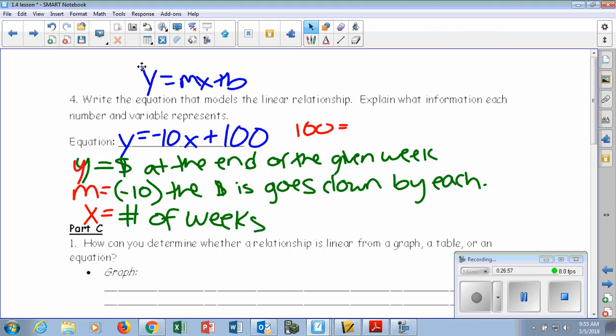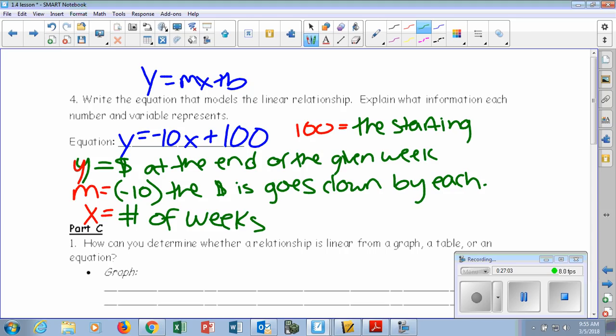The starting amount of money. Perfect. The starting amount of money. So we're going to stop here for today. We will finish part 2 or part C in our summary tomorrow, and you will get homework tomorrow.